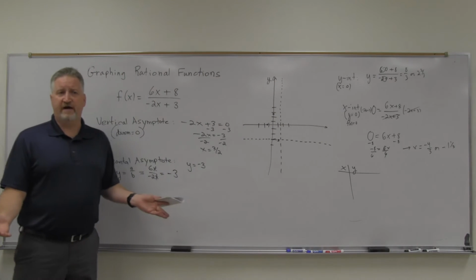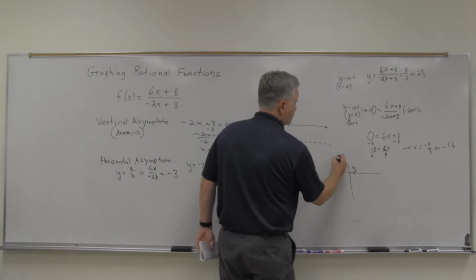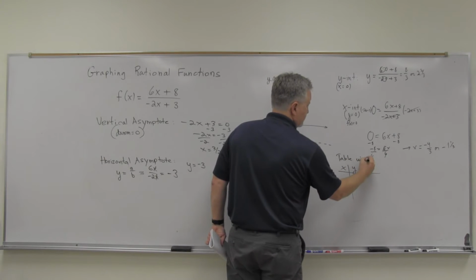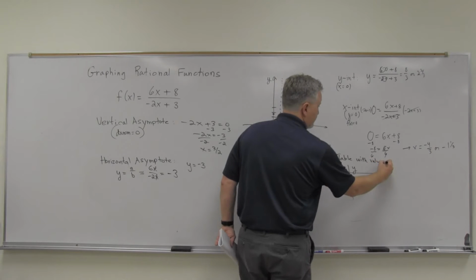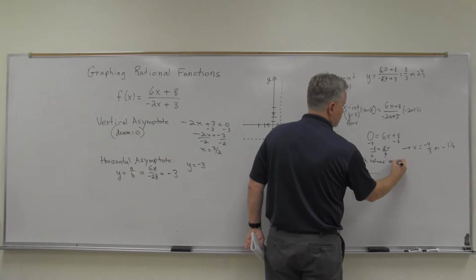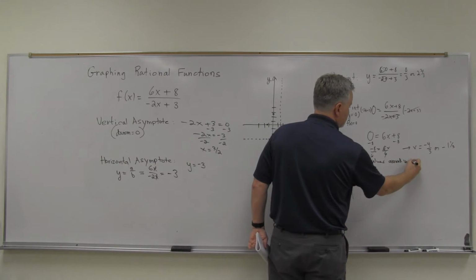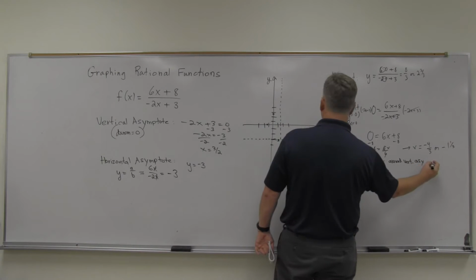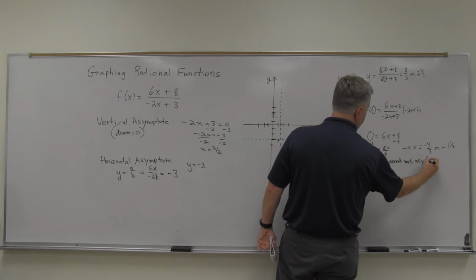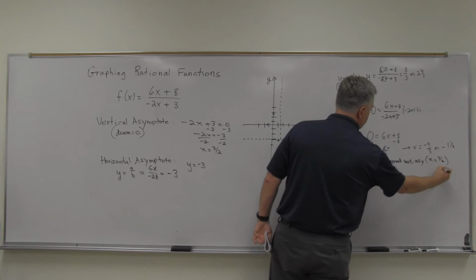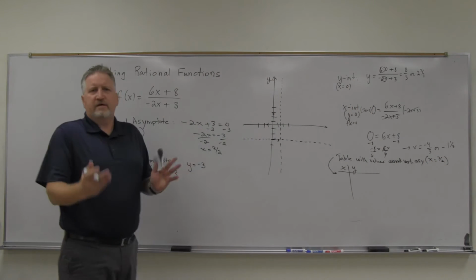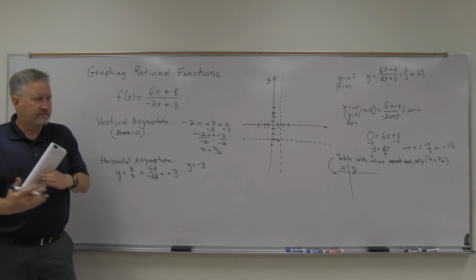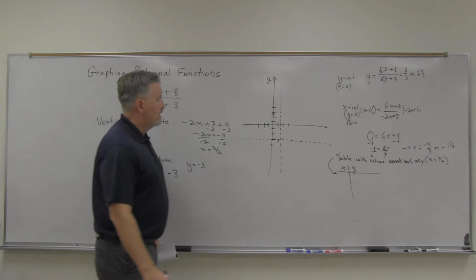Let's just do a table of values with values around the vertical asymptote, which in this case is x equals 3/2. And so what I mean by that, maybe a couple on the left and a couple on the right, kind of close, nearby that 3/2.